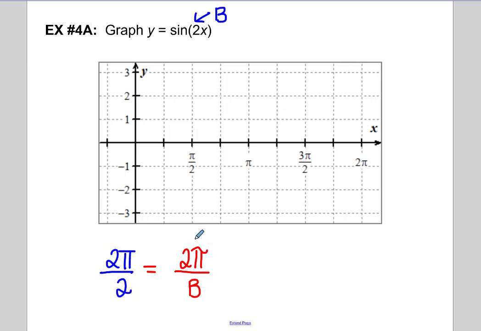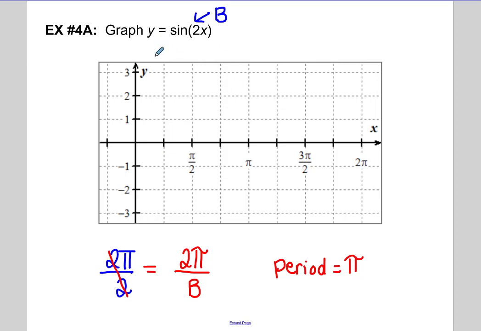So in this case, the period has now been shortened, and the period for this particular graph is now going to be pi radians. So you've got to get 2 sine curves in the 2 pi area, if you want to think about it that way. And again, I still want to use those 5 key points.